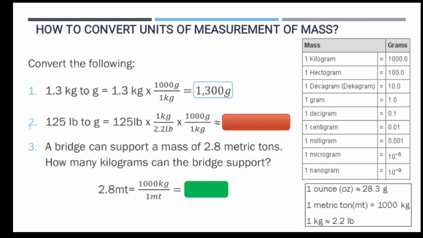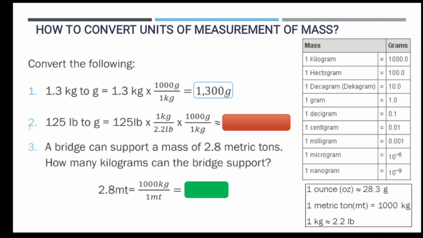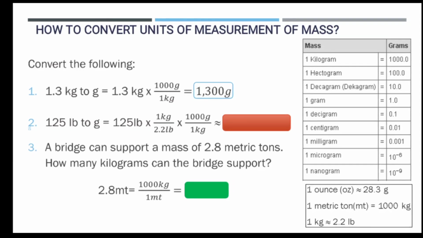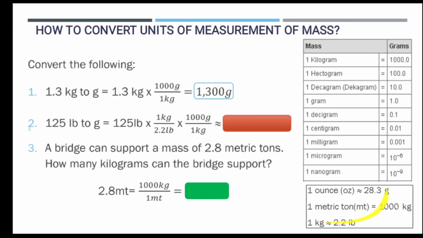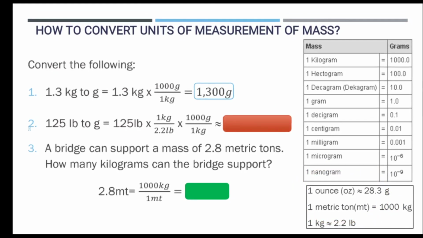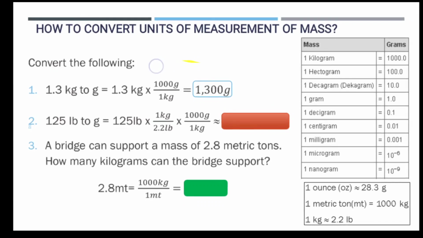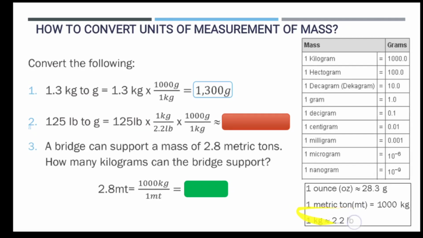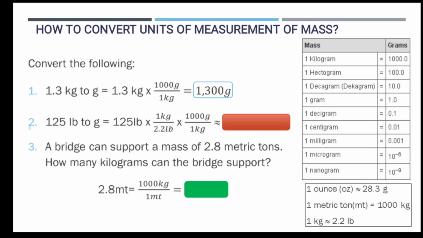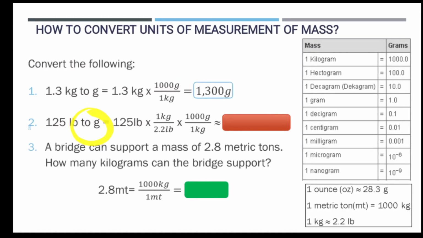Number 2, 125 pounds to grams. As you can see on our conversion factor, we only have kilograms to pounds. So in that case, instead of having one fraction, we have two fractions on this given item because we first have to convert the given pounds to kilograms. Then after that, we have to convert the given kilograms to grams to obtain grams.